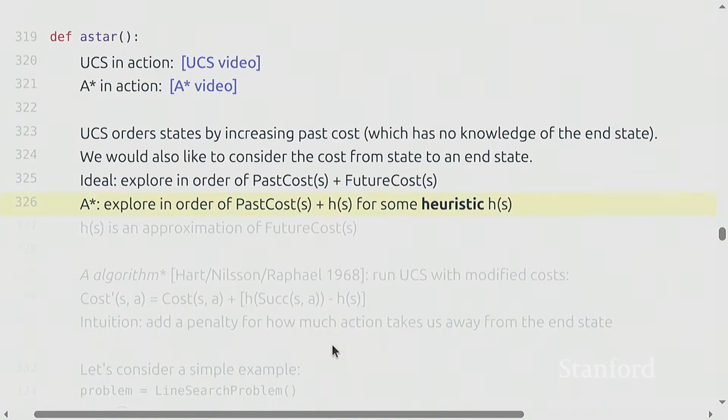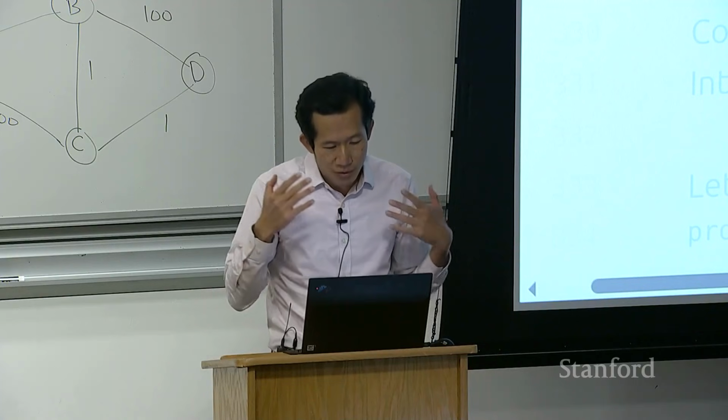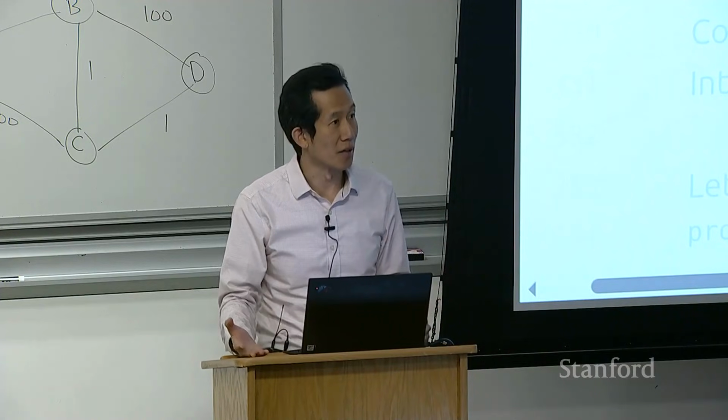Okay, so the idea of A-star is we're going to approximate future cost with some heuristic H of S. And now I'm using heuristic in a very technical sense. A heuristic is a function that maps states to a number, which is supposed to be an approximation of future cost.